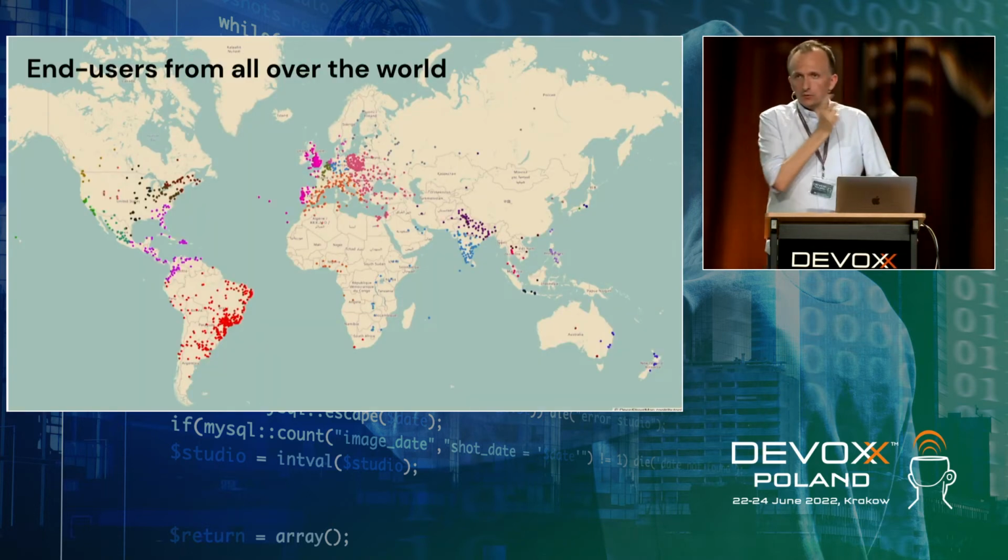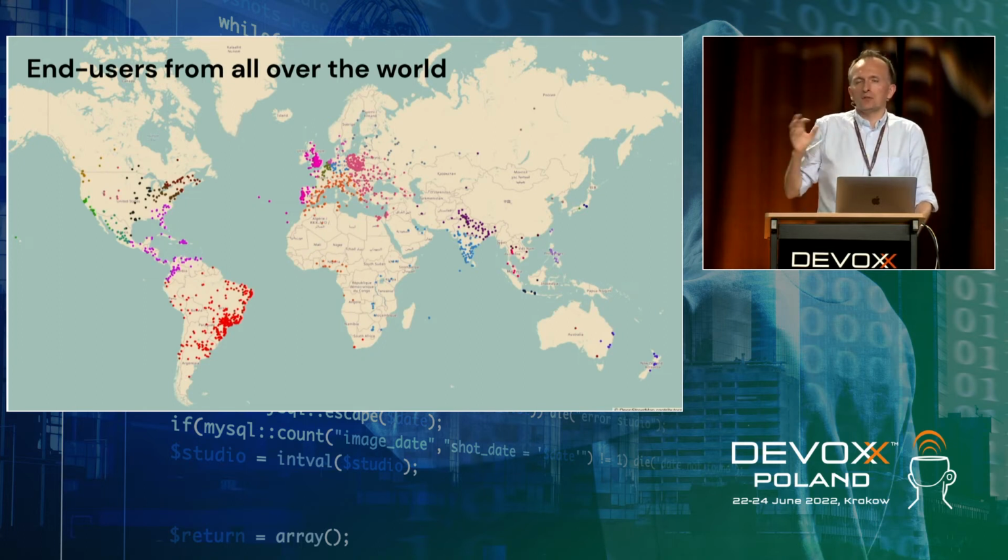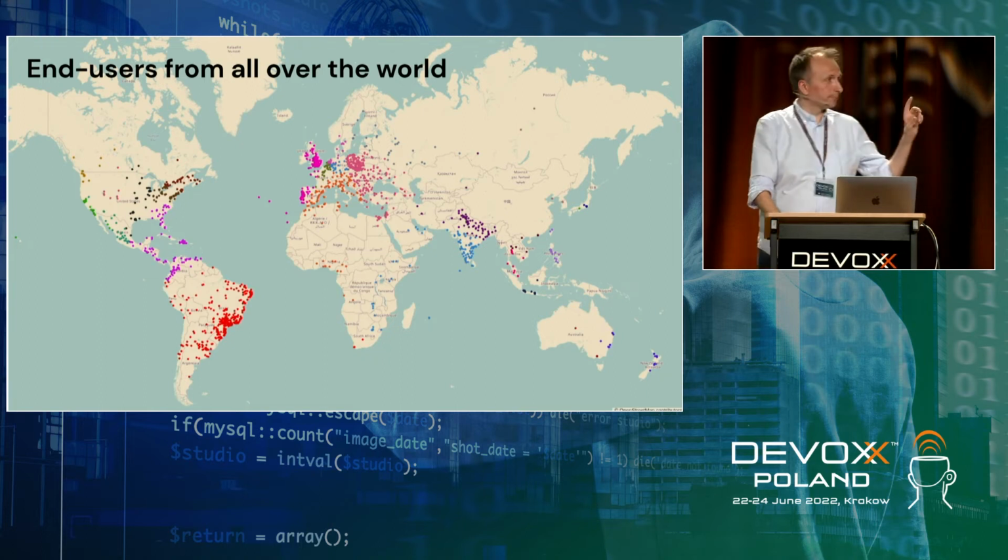And so this was our first set of clusters, but this is a map, and this map shows the locations from which our candidates, because we provide a platform for evaluating developers' skills, connect to our platform.